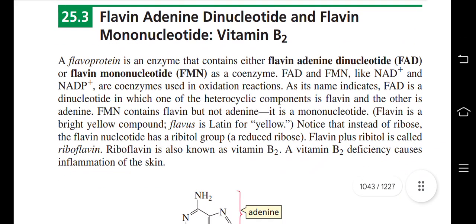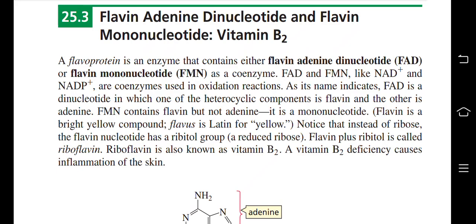Flavin adenine dinucleotide and flavin mononucleotide, that is, vitamin B2. A flavoprotein is an enzyme that contains flavin adenine dinucleotide or flavin mononucleotide. As coenzymes, FAD and FMN, like NAD positive and NADP positive, are used in oxidation reactions.